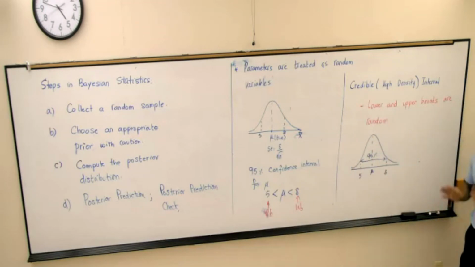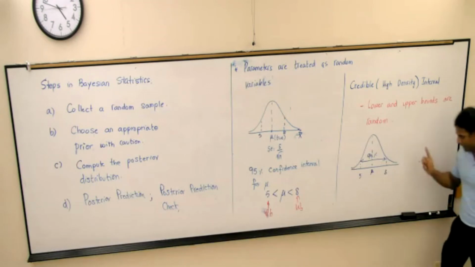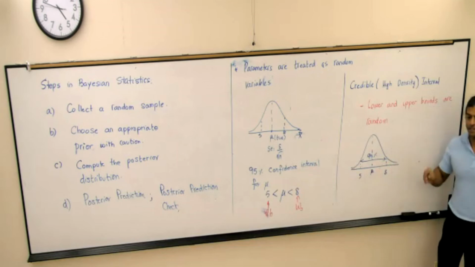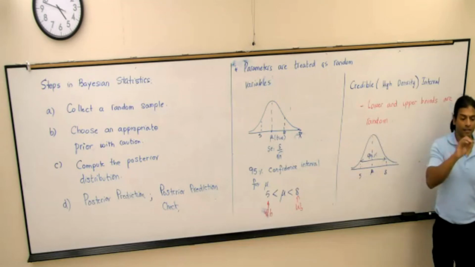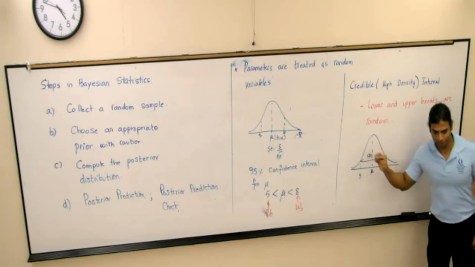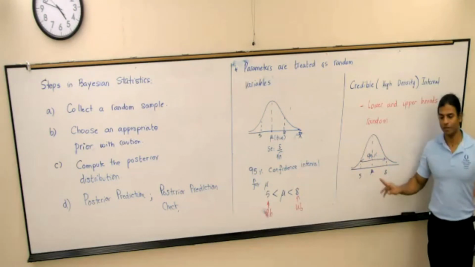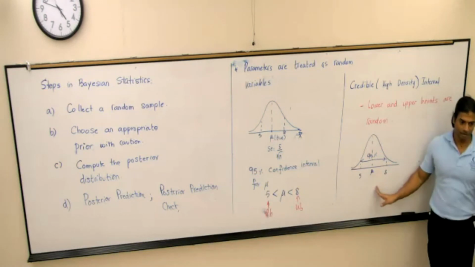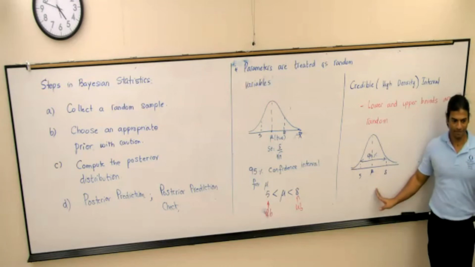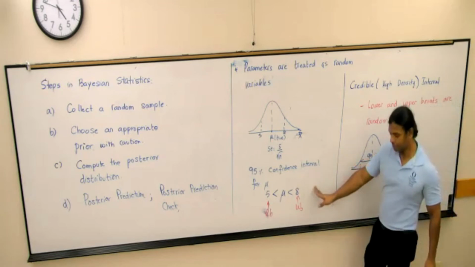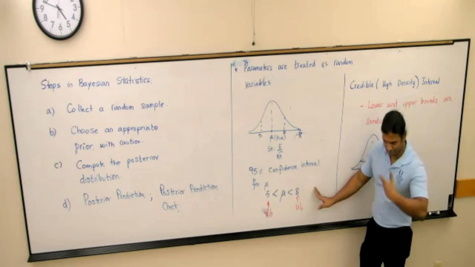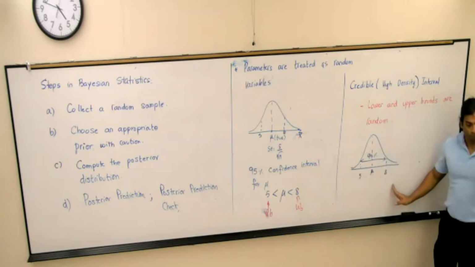But here, we're saying the true value of the mean will lie between 5 and 8 with a probability of 0.95. So this is a probability-based argument. Does that make sense? So this is a sampling-based argument, repeated sampling. This is a probability-based argument.